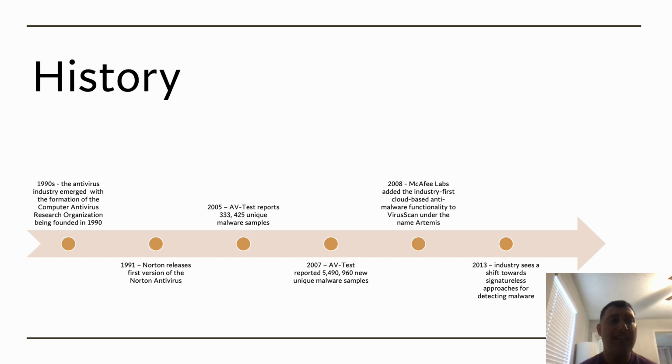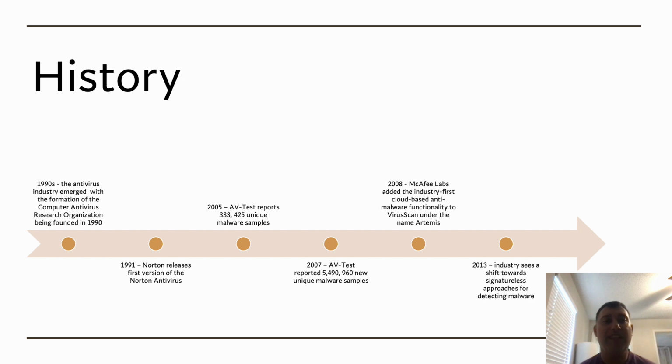In the 1990s, the antivirus industry emerged with the formation of the Computer Antivirus Research Organization, which really focused on naming viruses. In 1991, Norton released their first version of Norton Antivirus. In 2005, AV-Test reported that there were 333,000 unique malware samples.